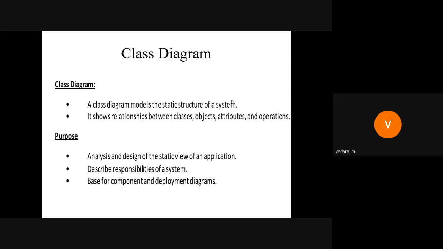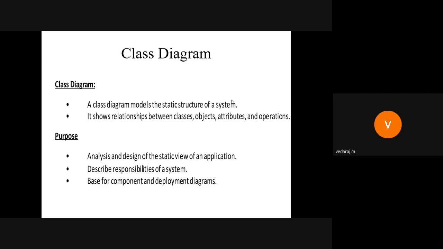So the class diagram incorporates both forward engineering and reverse engineering concepts. Forward engineering is your UML class diagram converted into code. Reverse engineering is your programming code converted back into the UML diagram. So it incorporates both, and this is one of the main purposes of the class diagram.